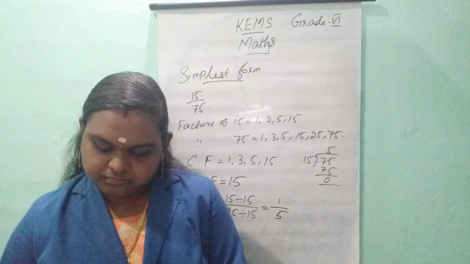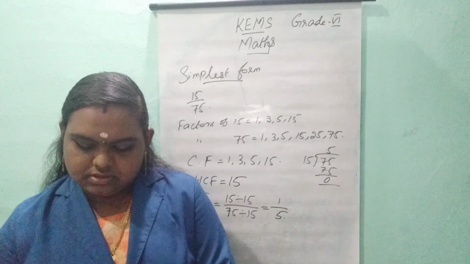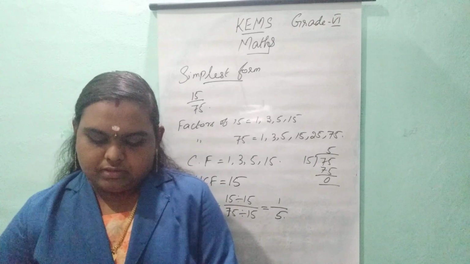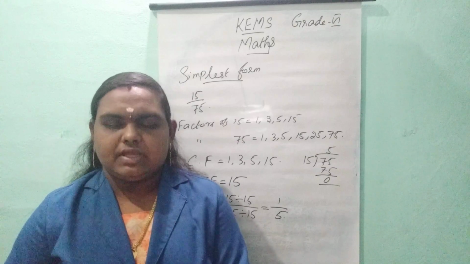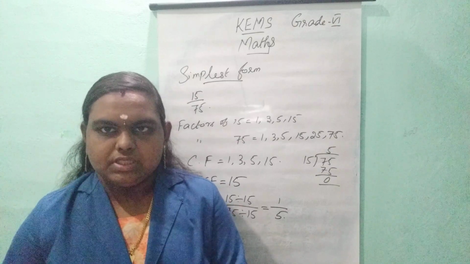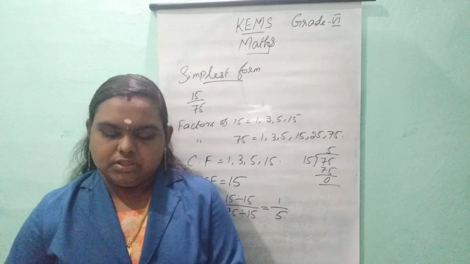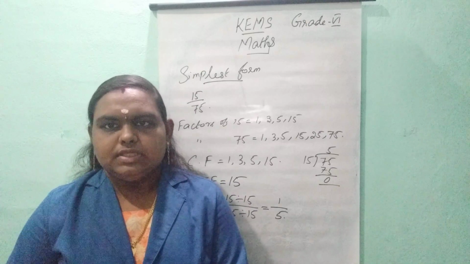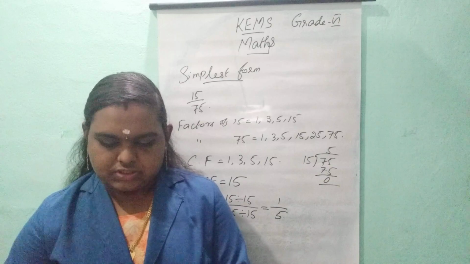Next one is, what are the fractions that we learned? Proper fraction, improper fraction, mixed fraction, equivalent fraction, and we learned to convert a number into the simplest form and into mixed fractions.